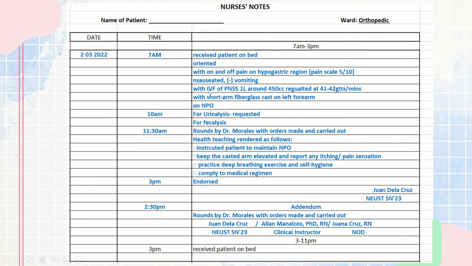Okay, so IVF, that would mean intravenous fluid of PNSS. So when you say PNSS, plain normal saline solution, 1 liter, around 450 ml or cubic centimeter, regulated at 41 to 42 drops per minute.